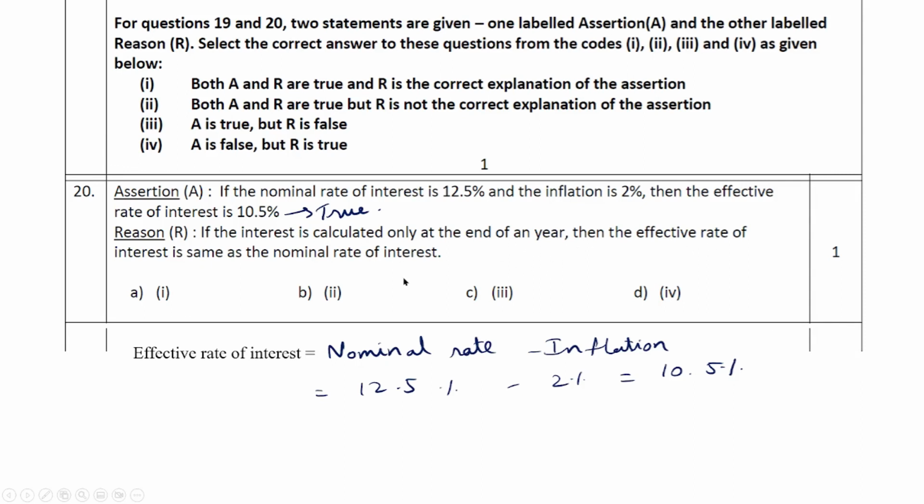So these both will be equal. The reason is also true. But this reason is not the correct explanation of this assertion. So the correct option is the second option. Both A and R are true, but R is not the correct explanation of the assertion. So the correct option is option B.